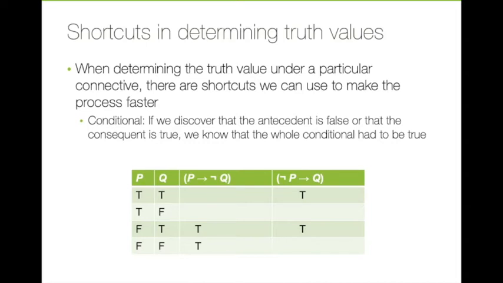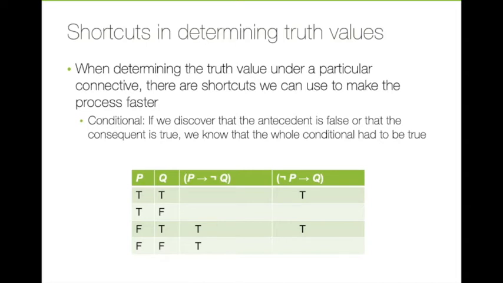So as long as Q is true, which it is in the third and first rows, the whole conditional has to be true. We don't have to calculate not P to get those truth values. In the rows I haven't filled in in this truth table, you would have to calculate not Q in that earlier column and not P in the later one to finish off the open boxes.